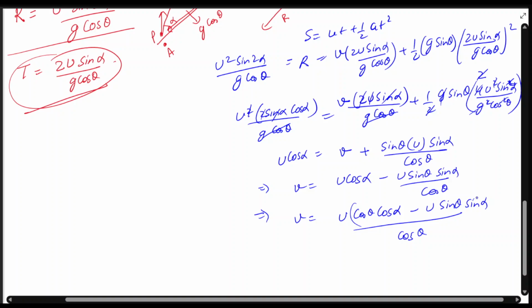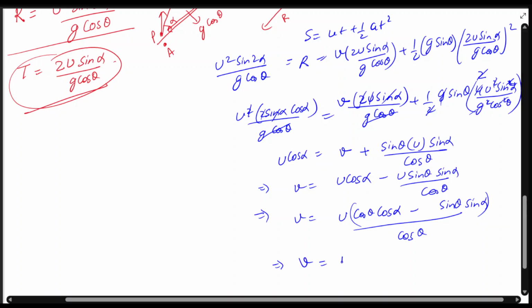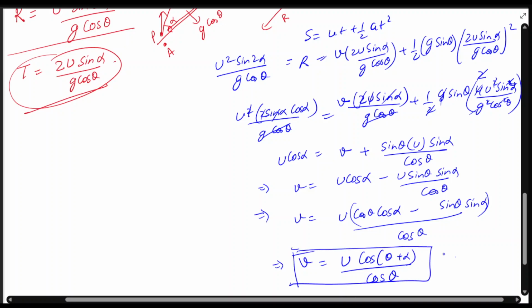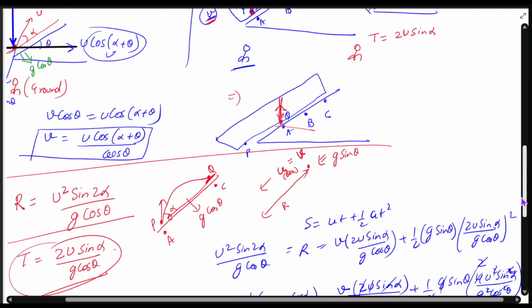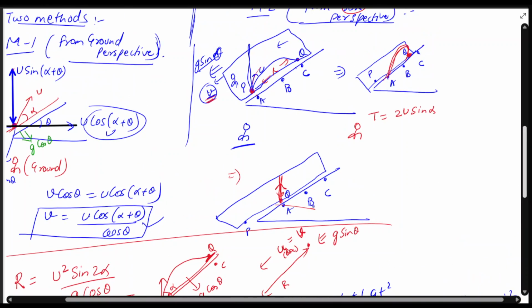And this, we can take u common, right? So this is cos of theta plus alpha. So we will get the same answer, u cos(theta plus alpha) divided by cos theta, right? So we'll have the same answer. It's the shortcut method, of course, conceptually good, but this solution gives us understanding.